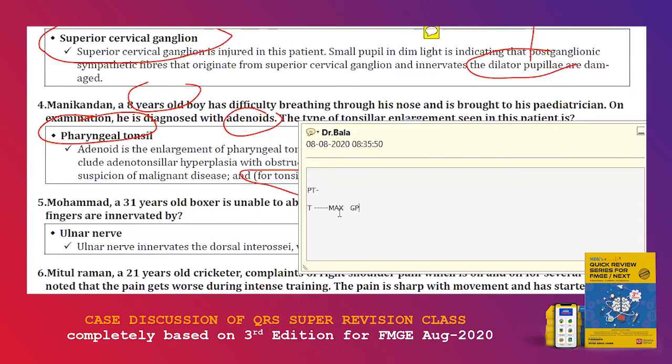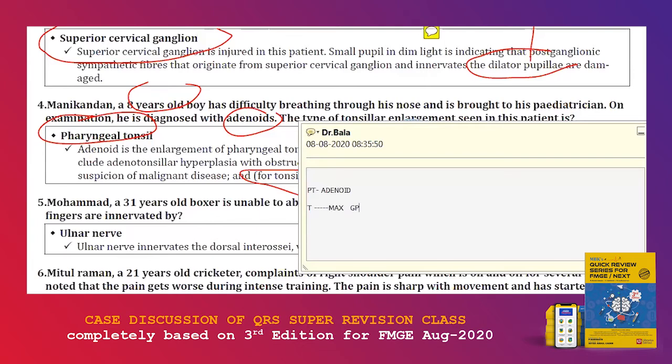Tonsil means Max GP. Pharyngeal tonsil means adenoid. Tonsil means maxillary nerve and glossopharyngeal nerve. Tonsil, Max GP.